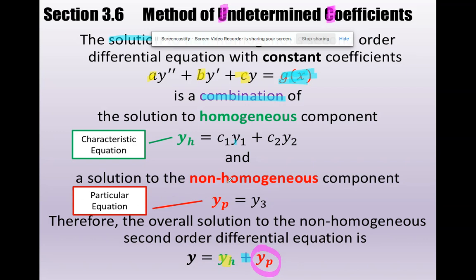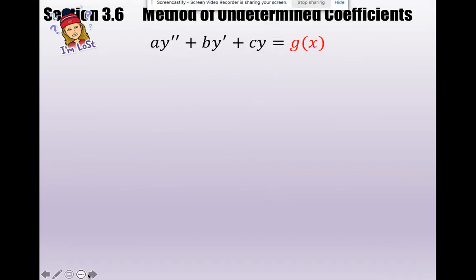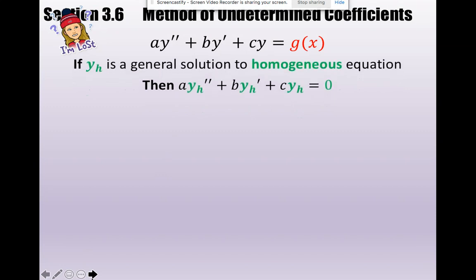So the method of undetermined coefficients only works for a certain class. So let me make some, like, what the heck? What do you mean that the solution is a combination?